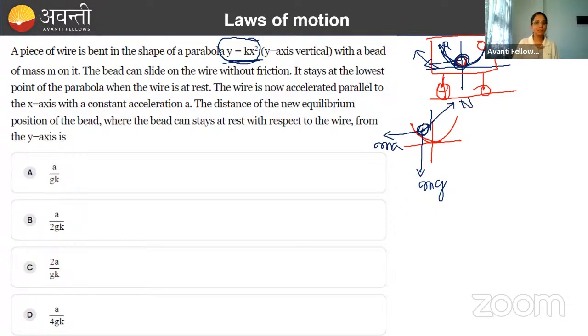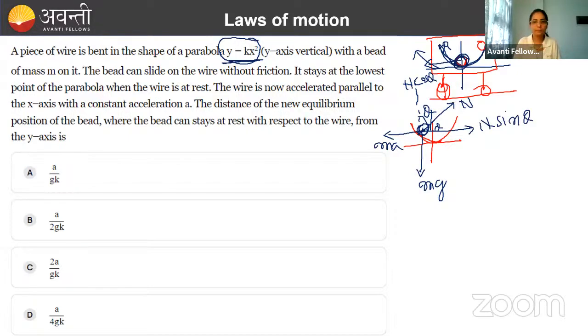Now these three forces when added together must be equal to 0 for the bead to be in equilibrium at this point, right? So which force should we resolve? If we resolve normal along this direction, we will get N. If this angle is theta, then this angle will be theta. So this will become N cos theta, and this will become how much?